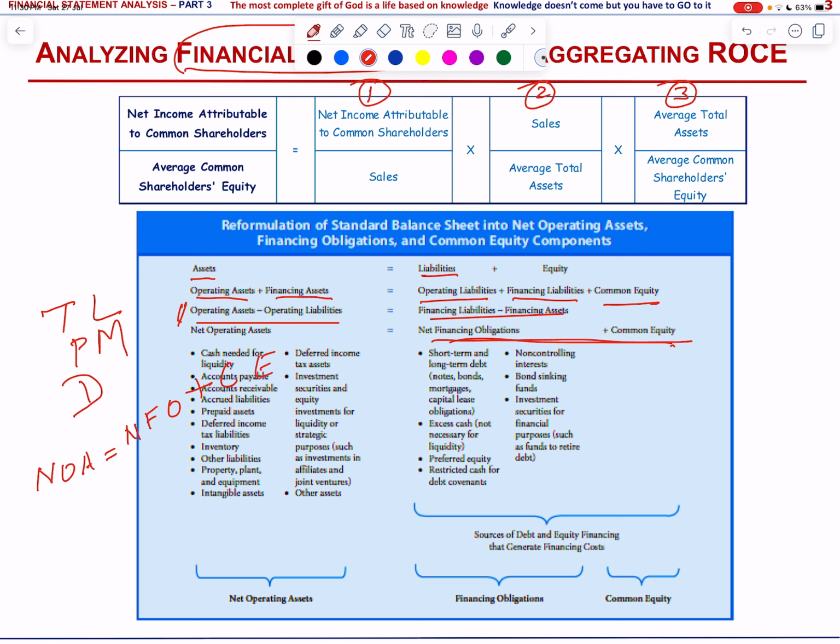Certain financial assets are specifically reserved for companies' financial structure, such as funds for debt retirement or bond sinking funds. These are offset against financing obligations to calculate net financing obligations, similar to how operating liabilities are offset against operating assets to determine net operating assets.